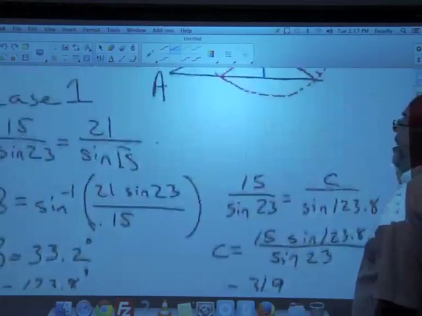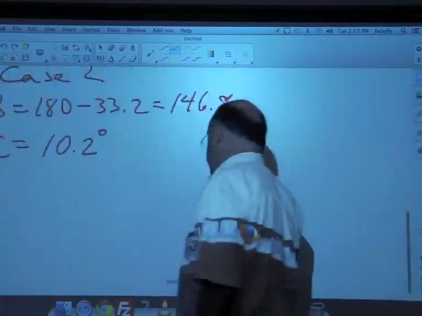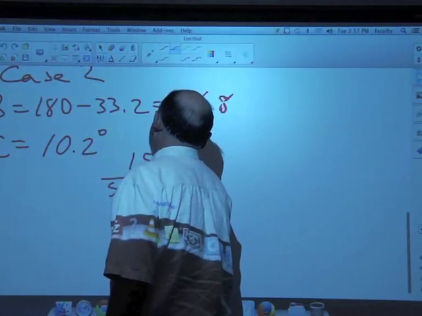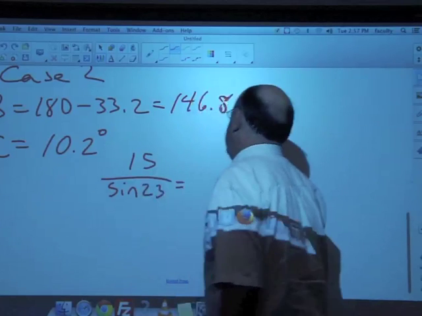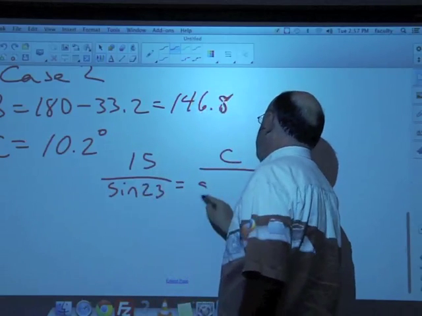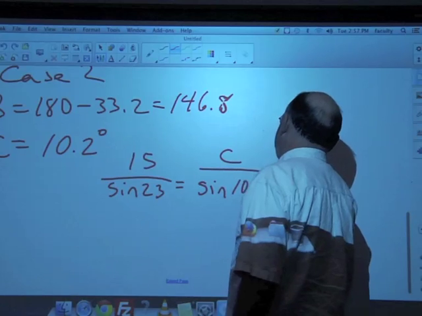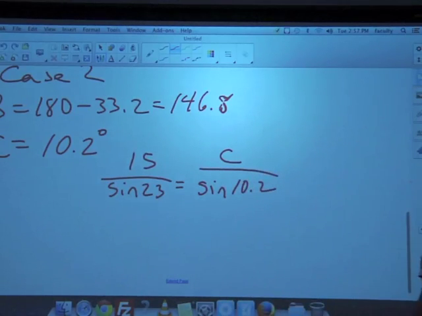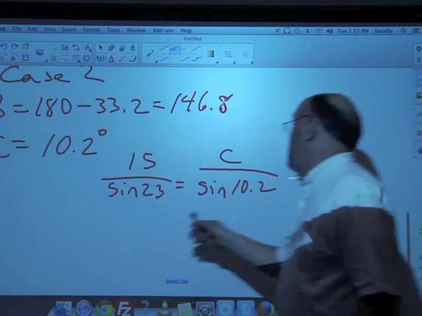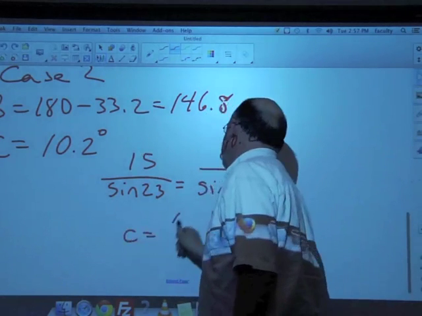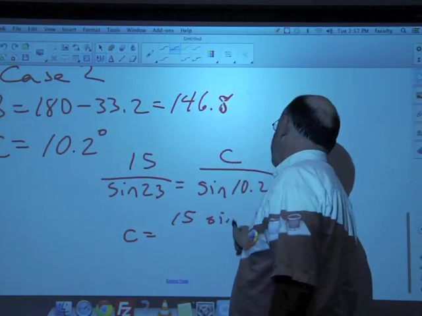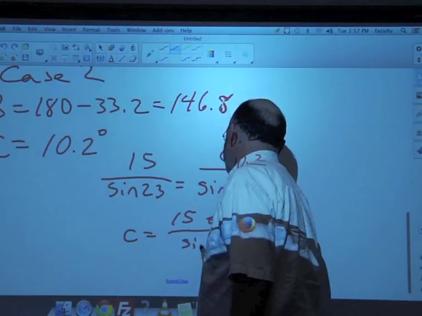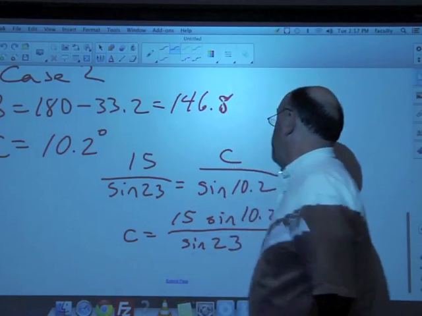And so we're going to have 15 over the sine of 23 equal C over the sine of 10.2. So cross multiply and divide. We get that side C is going to be 15 sine 10.2 over the sine of 23.